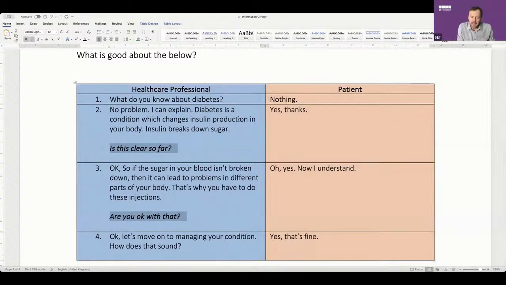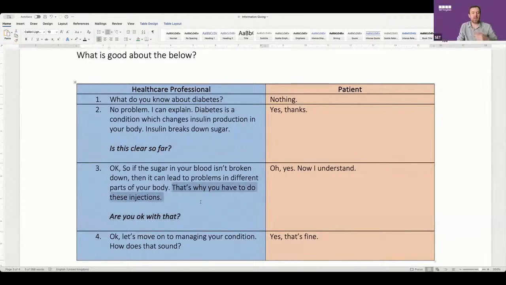Well, I would say, Helen, something that people often don't understand is the difference between these two questions. Because this one here is about understanding, isn't it? But this one's not. What's that one about? About doing the injections. Are you okay with that?